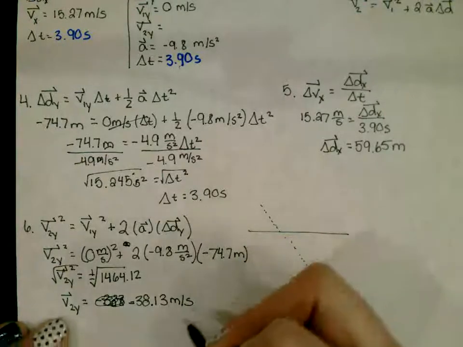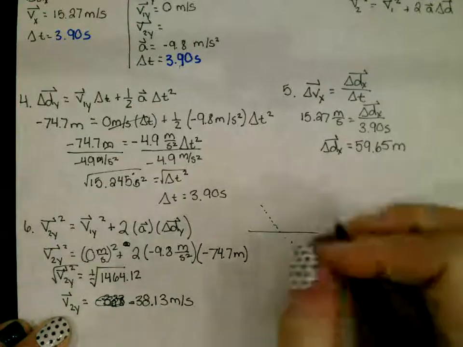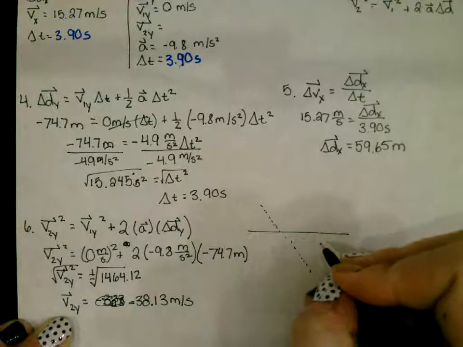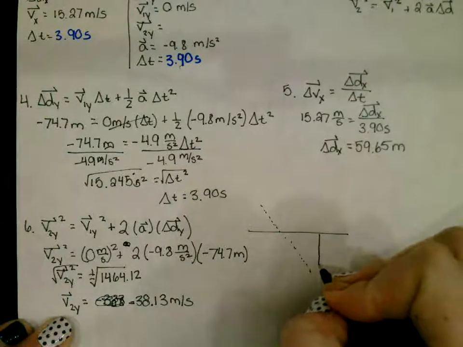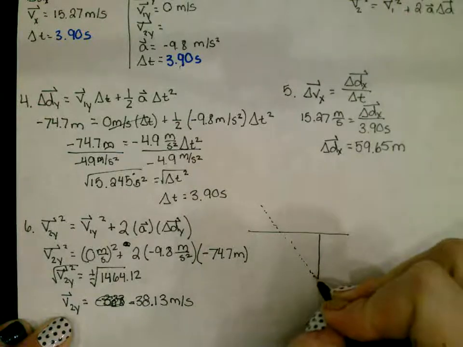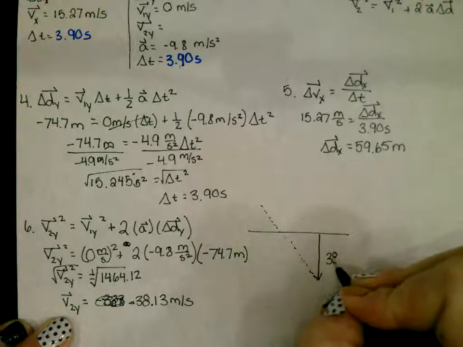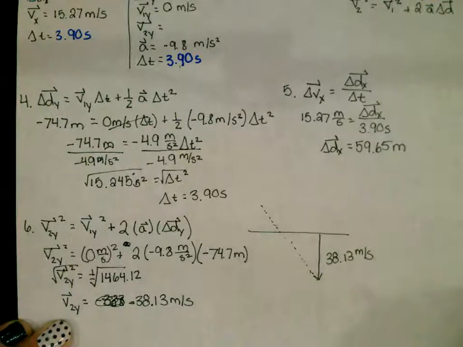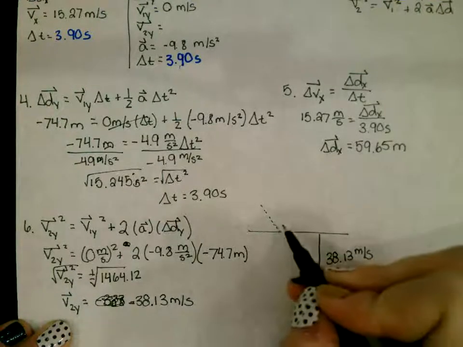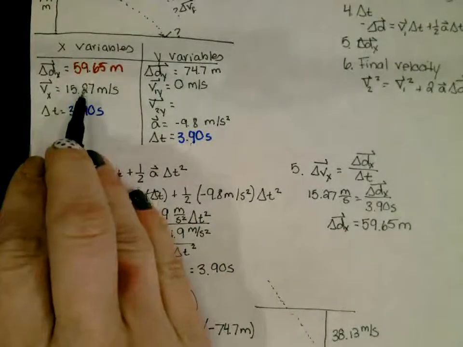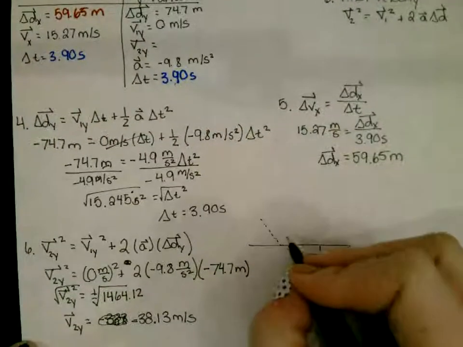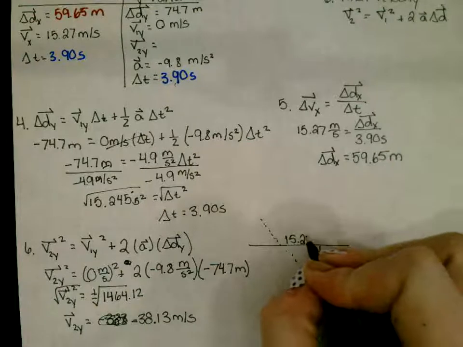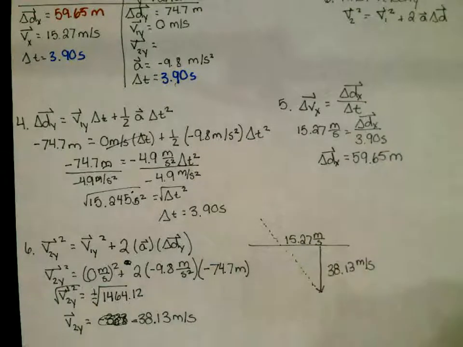We just said that this final component on the y-axis was 38.13 meters per second. Our horizontal velocity never changes, so it's 15.27 meters per second.